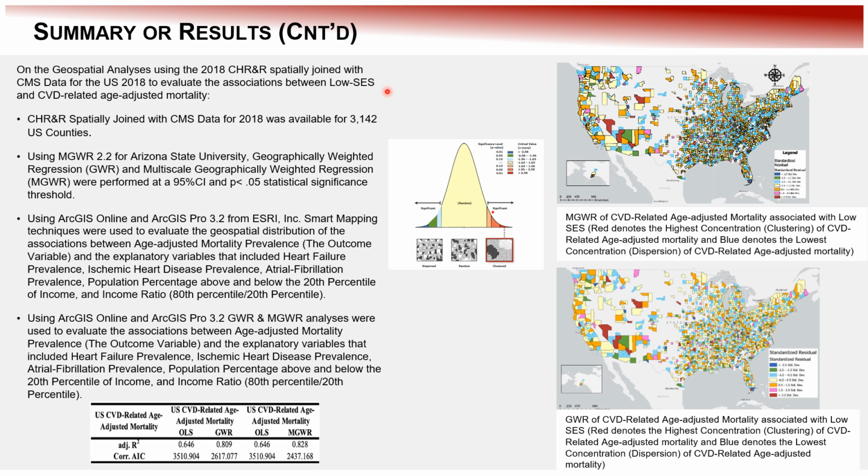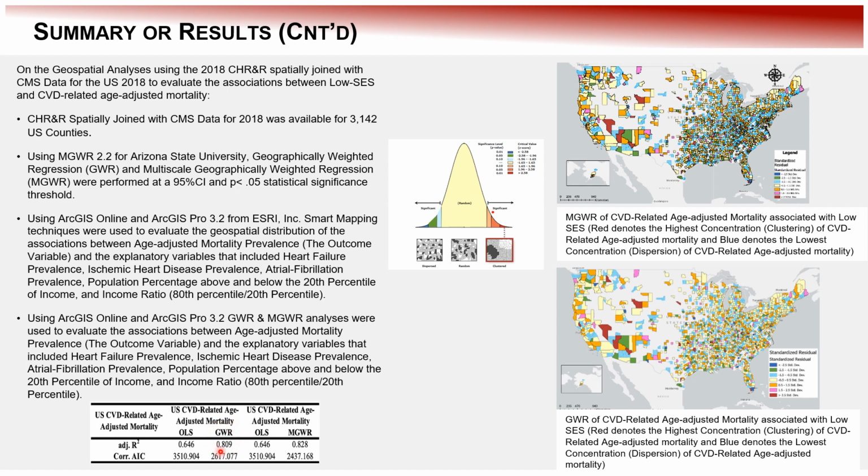In this slide, we have results from the geographically weighted regression and the multi-scale geographically weighted regression, where we see in the bottom table the adjusted R-square for the linear regression was 0.646, almost 0.65.